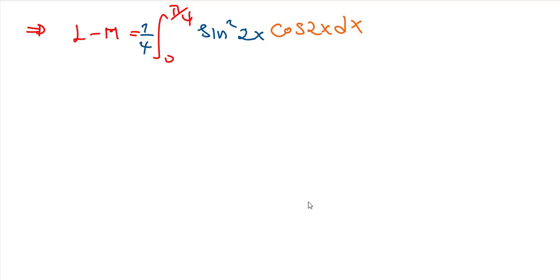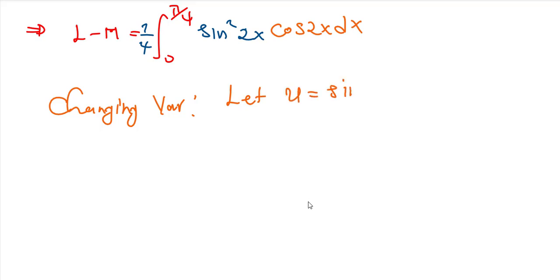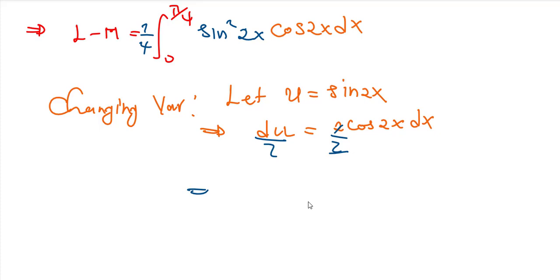So now let's change variables and solve that integral. I can let u be equal to sine 2x. So du will be equal to 2 cos 2x dx. If I divide all through by 2, we see that du on 2 will be equal to cos 2x dx.